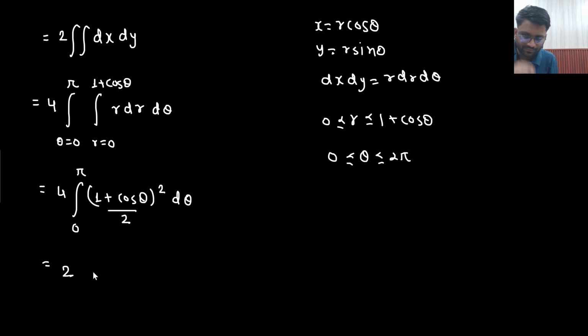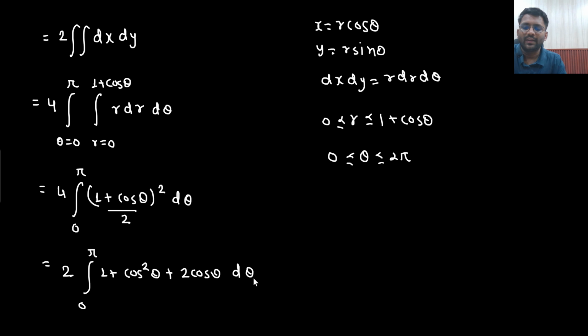So 2 with integral from 0 to pi, 1 plus cos square theta plus 2 cos theta d theta. Okay, so what are we getting? 2 comes outside, then integration of d theta will be theta only, so it will give you pi, plus this integration you need to do on your own.